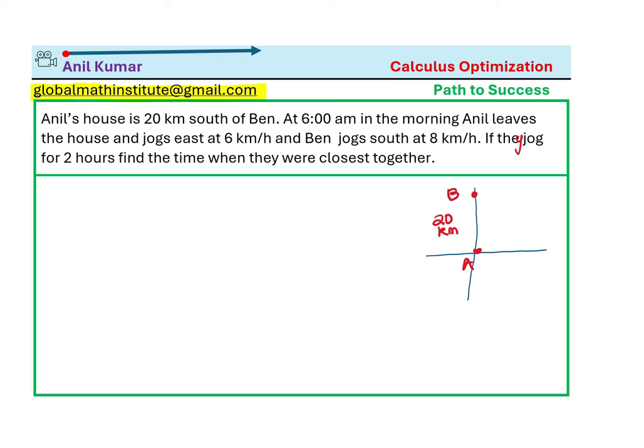At 6 a.m. in the morning, Anil leaves the house and jogs east at 6 kilometers per hour. Right? 6 kilometers per hour. So with time t, it will go 6t. Ben jogs south 8 kilometers per hour.